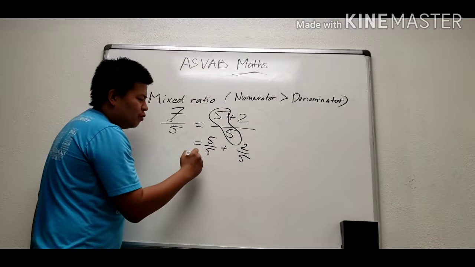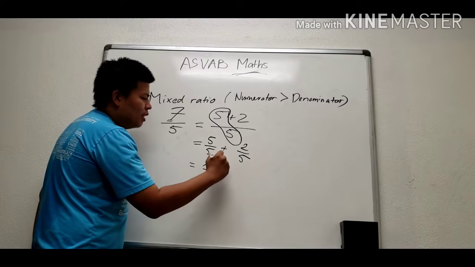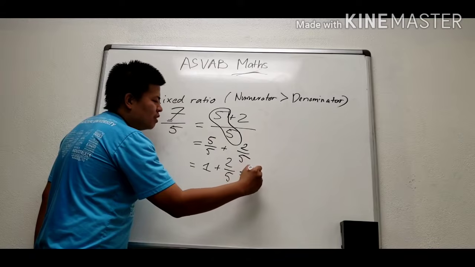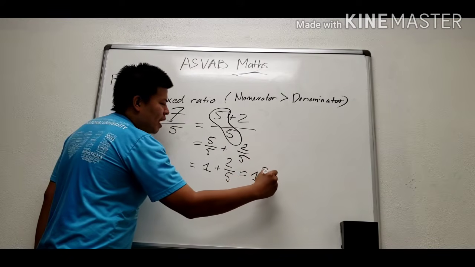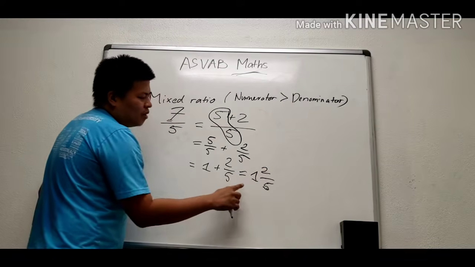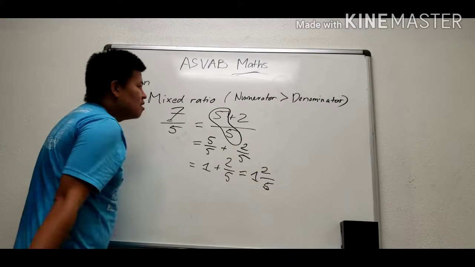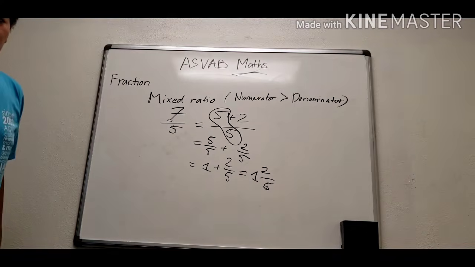This should be 1 plus 2 over 5. So the mixed ratio is 1 and 2 over 5. So that's the way we do the mixed ratio.